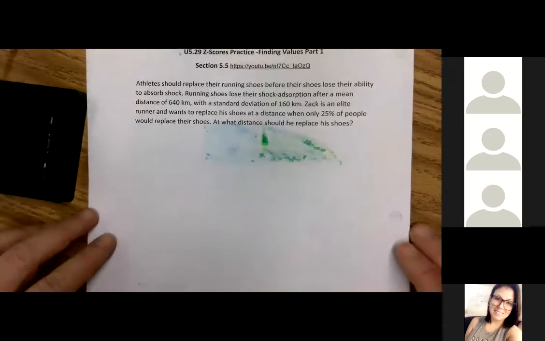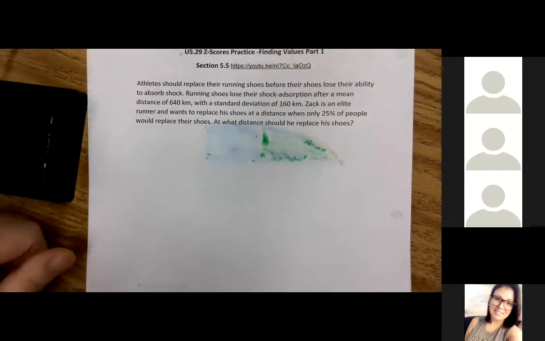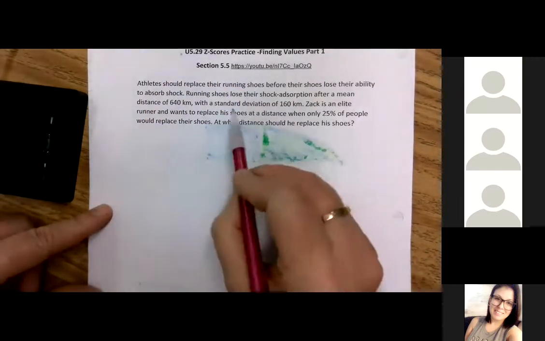I took these out of the textbook because I didn't exactly know how to make up these questions. Athletes should replace their running shoes before the shoes lose their ability to absorb shock. Running shoes lose their shock absorption after a mean distance of 640 kilometers and a standard deviation of 160.